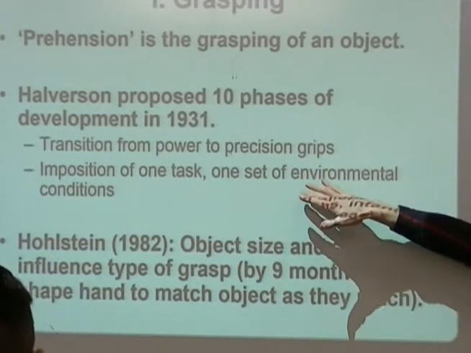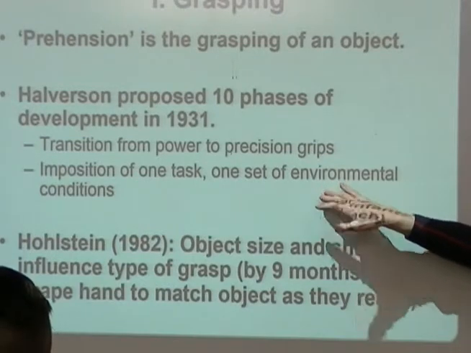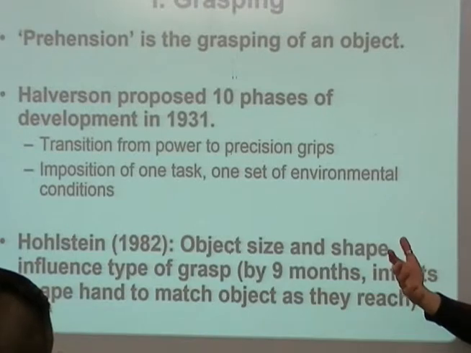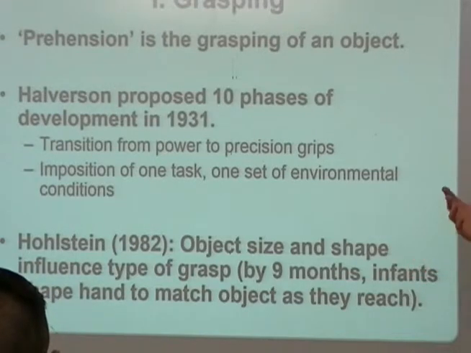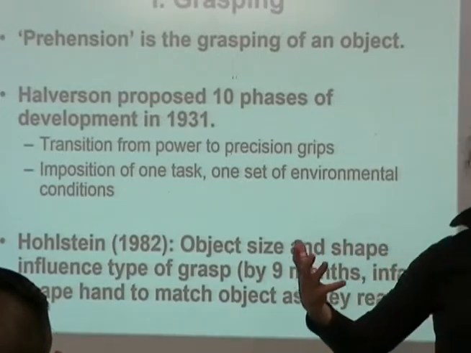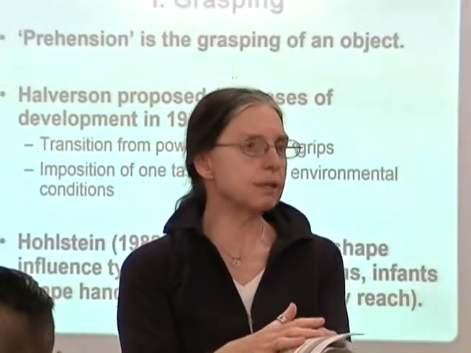And it's possible then that the task that she gave them was too advanced for the babies to achieve well, okay? A power grip is where they might have to use 2 hands to pick something up.